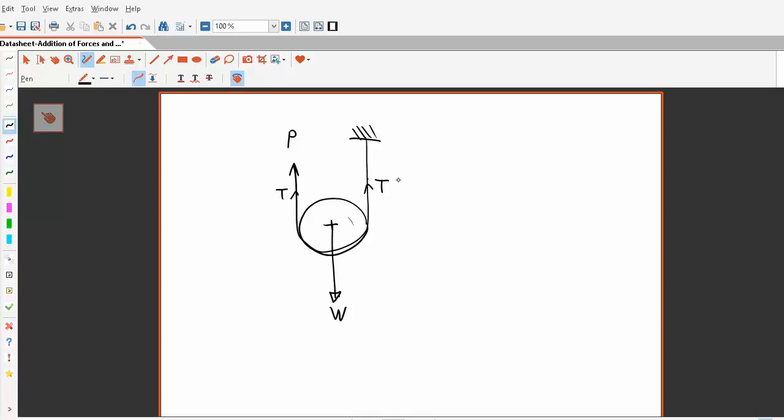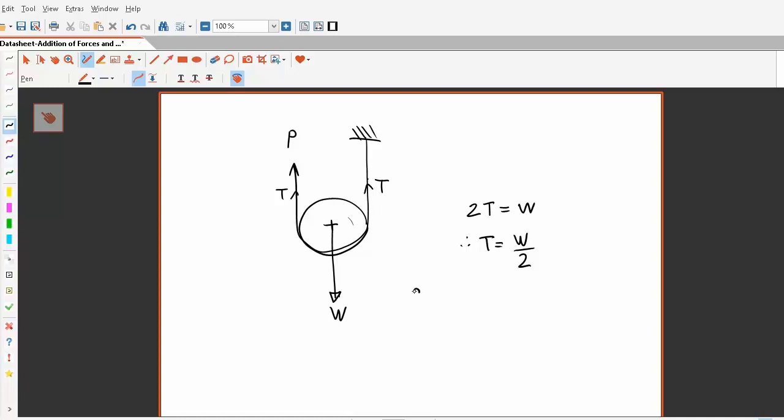So therefore, in order for this to be in equilibrium, 2 tensions must equal the weight. So therefore the tension in the strings must equal weight over 2.